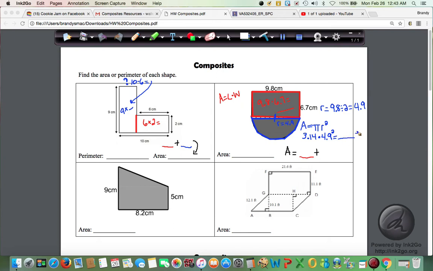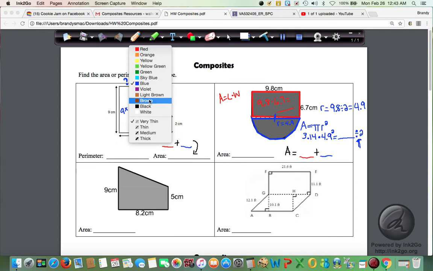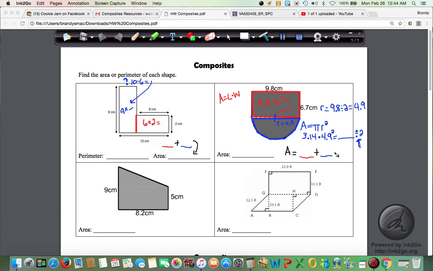Yeah, we got to divide that by 2. Very important. You guys don't forget that on the test. We have to divide it by 2. So whatever this answer is, divide by 2, then you add it up. And whatever this addition gives you, that's your final answer.